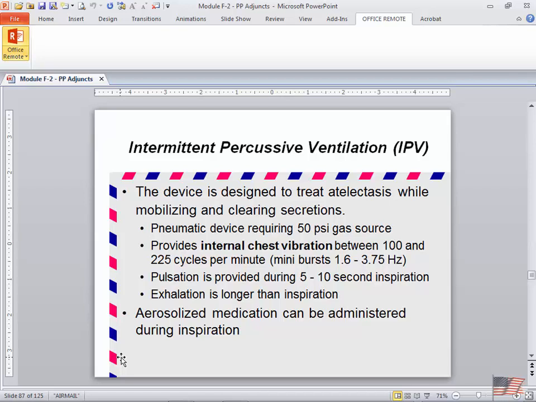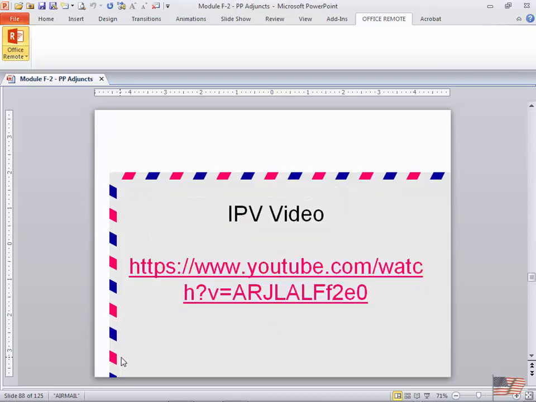We're using here a higher driving gas pressure. It's going to produce internal chest vibrations that are quite rapid, and it's a pulsation technique, so that we're having a prolonged inspiration and also then a prolonged exhalation to exhale the air medication back out, and we can use medication along with it.